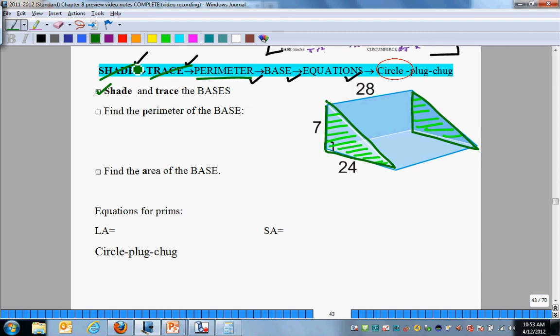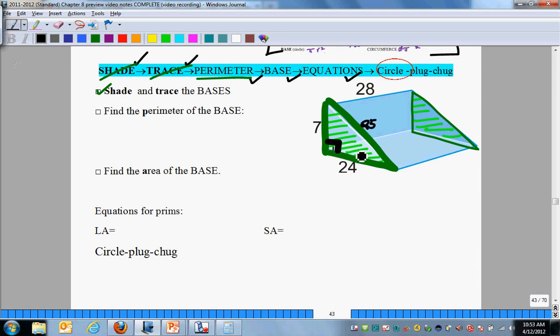So I walk it around here and I see I have 7 plus 24 plus, whoops, we don't know that. That's really easy, and if you know your triplets, it's even easier than that. This is a 7, 24, 25 right triangle. It's a triplet.